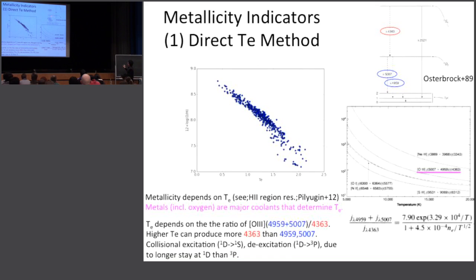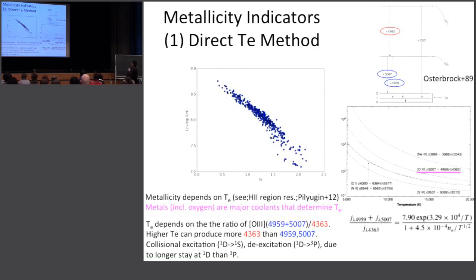The 1D state here is where electrons stay long. If the temperatures of electrons are very high, you get more chance of collisional excitation to here, and then you get the 4363 line.